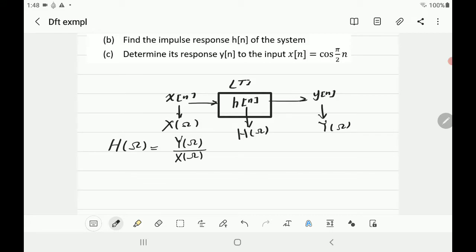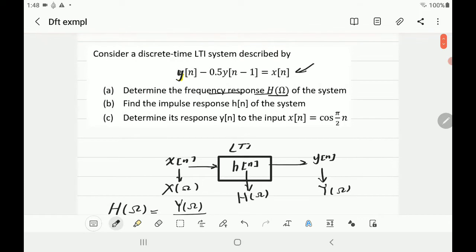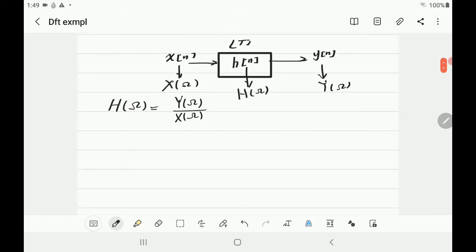So to do that, we have to convert this difference equation from the time domain into the frequency domain. Let me write the equation here again: y of n minus 0.5 y of n minus 1 equal to x of n.